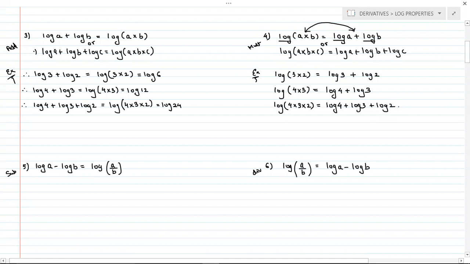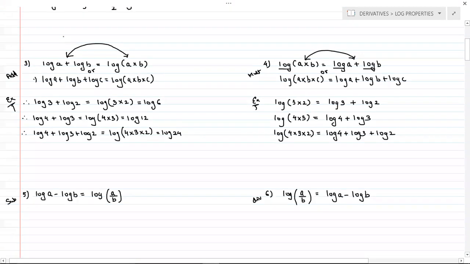Okay, so you have to remember this. Addition will get converted into multiplication, and multiplication will get converted into addition. Okay, so this is the property number third and property number fourth.